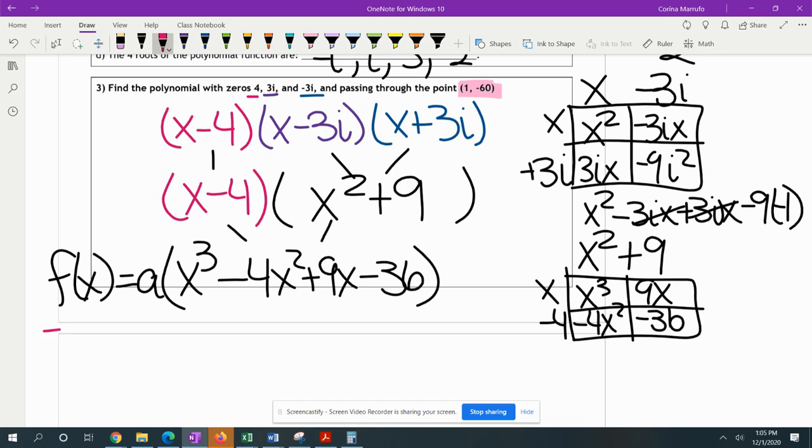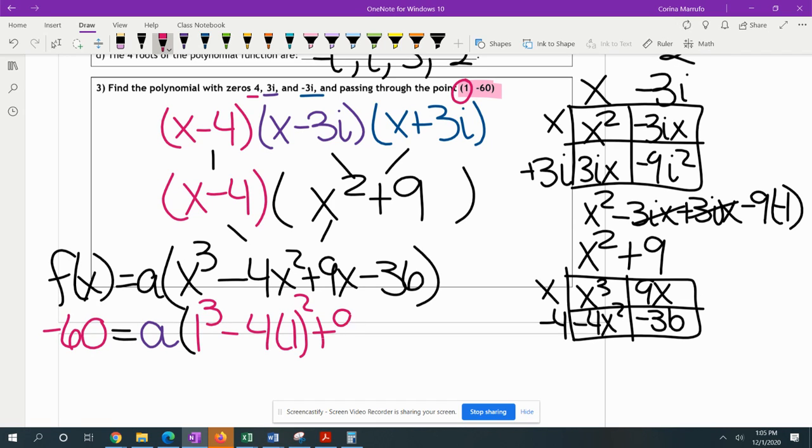Instead of f of x, we write negative 60 equals a, we don't know what it is, that's what we're looking for, times, everywhere where we see an x, we're plugging in a 1. So 1 to the third power minus 4 times 1 squared plus 9 times 1 minus 36.